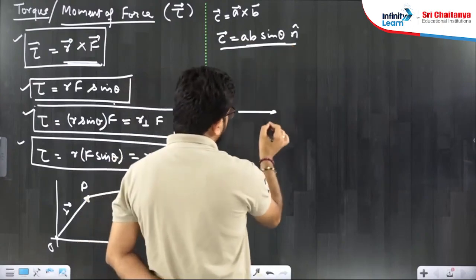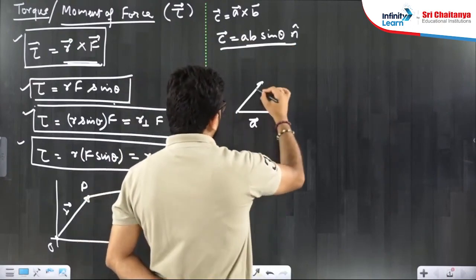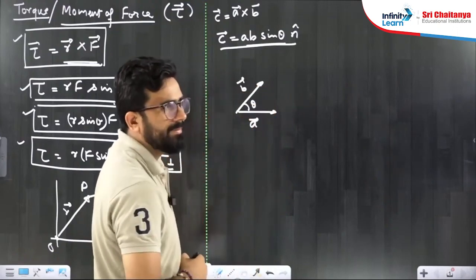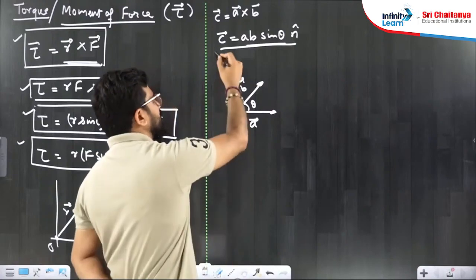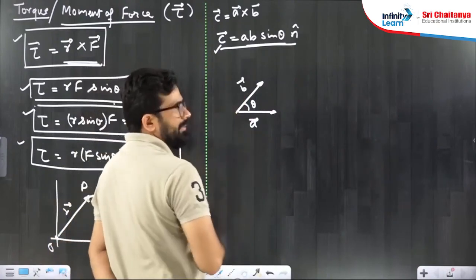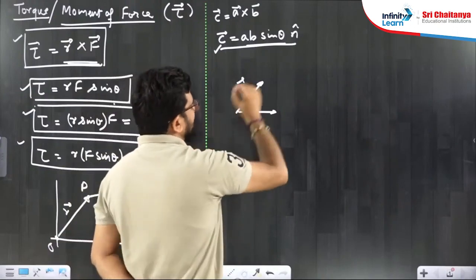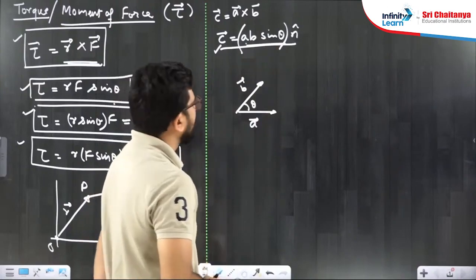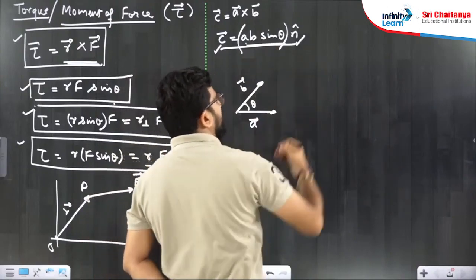Suppose one vector is the A vector, this is the B vector, and this angle between them is theta, and we want to calculate what is C. Actually, we have to write the magnitude first. The magnitude is A into B into sin theta, and the second term is the n cap.